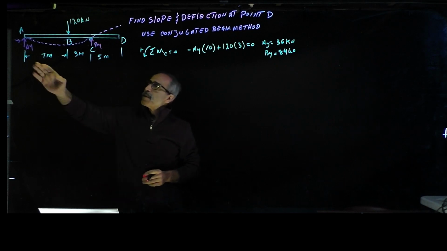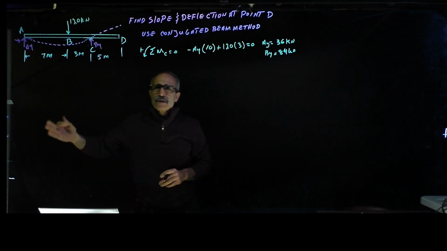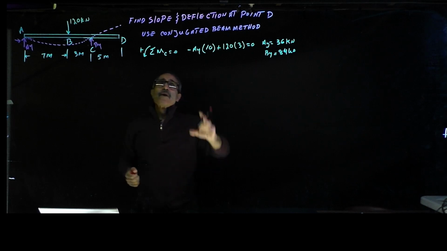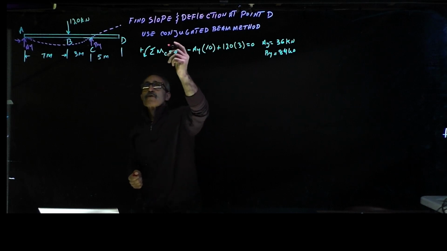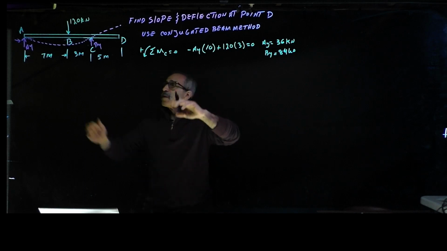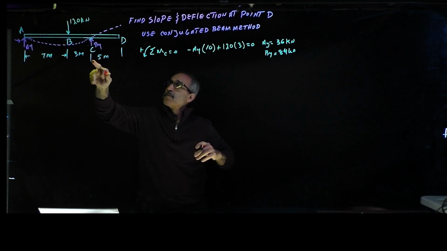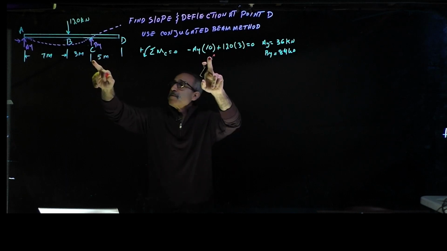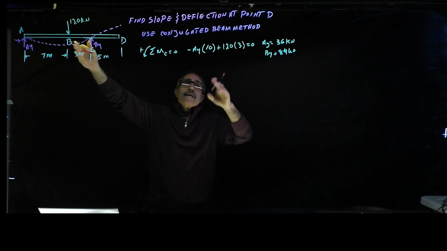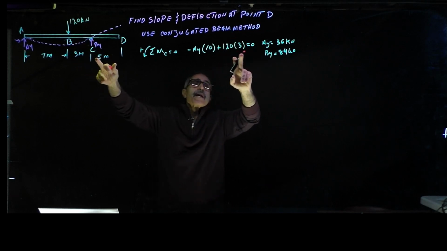But I want to know what my reaction at both points is. We've done this a thousand times. We're going to take a moment about point C to find out. We're going to assume counterclockwise rotation is positive, so it's going to be minus AY, which rotates clockwise about point C, times 10 meters, plus the load itself, 120 kilonewton, rotating counterclockwise about C, times 3.